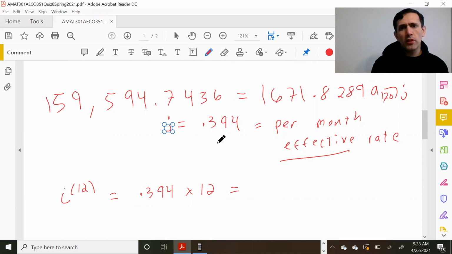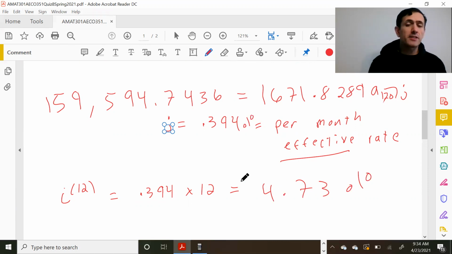Because when I look at 0.394 per month, that doesn't really have a whole lot of meaning to me. On the other hand, when I look at 4.73%, well, that has some meaning. I can compare that to other investment strategies, and I can compare that to other rates of return, the stock market rate of return, my bank rate of return, whatever.